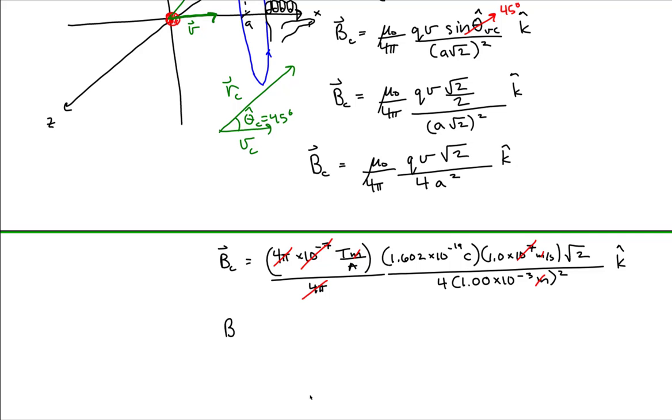And when I plug this into my calculator, I get the value of the magnetic field at point C is equal to 5.7 times 10 to the minus 14th Tesla in the positive z direction.